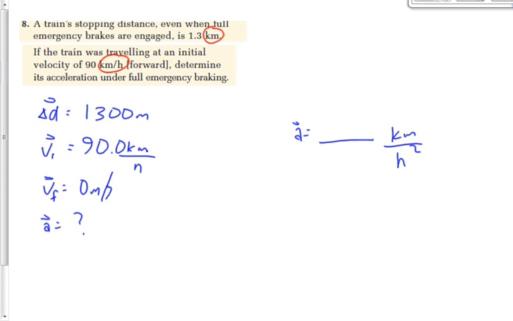So if you did that, as long as you put the proper units in for your final answer, I'd mark that correct. I would just recommend not doing it that way because I think 9 times out of 10, if you leave it in kilometers and hours, you're going to get an answer, and then because you're so used to meters per second squared, that's what you're going to put, and the answer's wrong then. Okay, so in my experience, we're better off just changing it to meters and seconds.